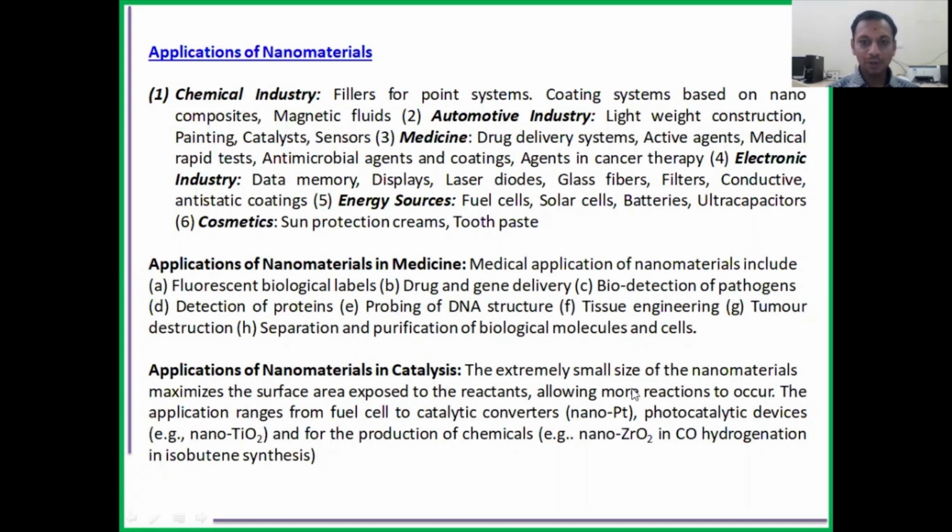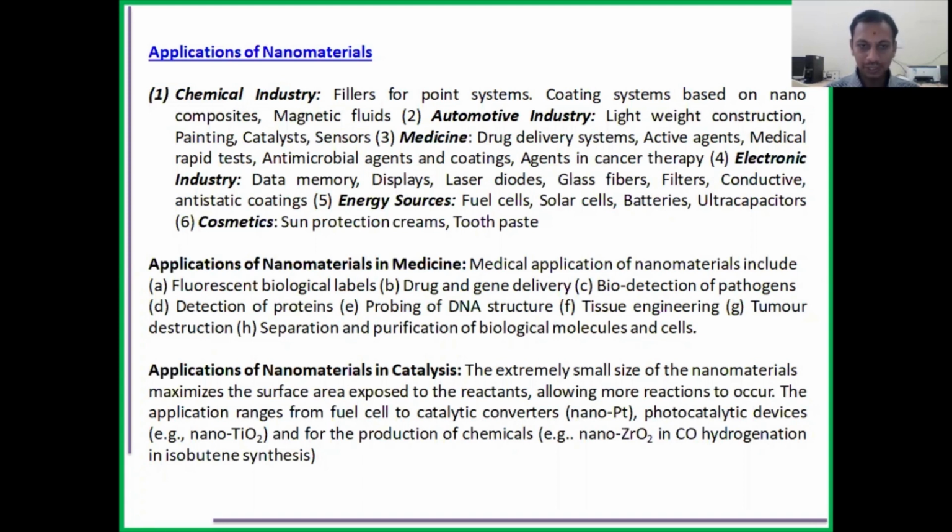The extremely small size of nanomaterials maximizes the surface area to volume ratio, as I mentioned. It is exposed to the reactants, allowing more reactions to occur. The applications range from fuel cells to catalytic converters and photocatalytic devices. Everyone knows about photocatalytic devices and catalytic converters.